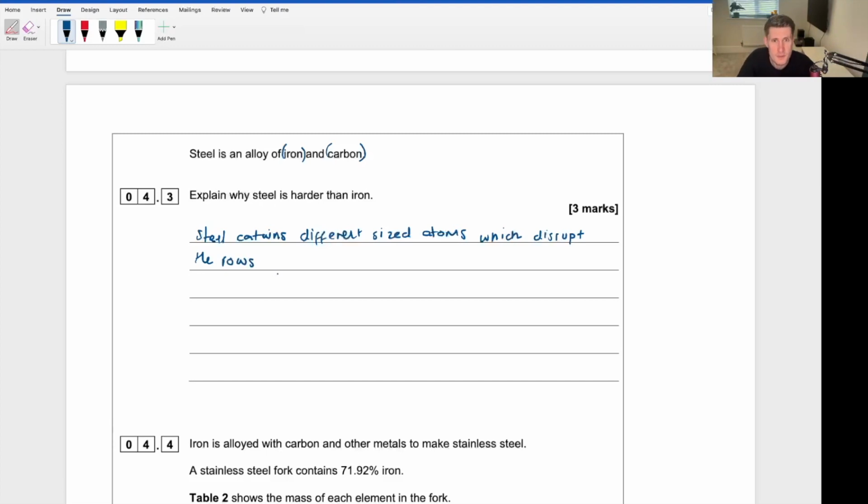And that stops them from sliding. So when a force is applied, they don't slide, so they're much harder. So the marks here are for the different size, the disruption of the rows, and the fact that the layers cannot slide.